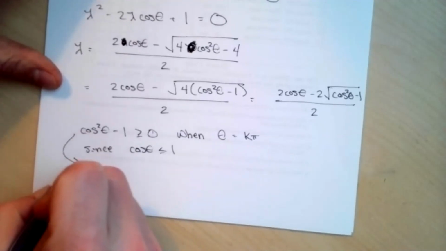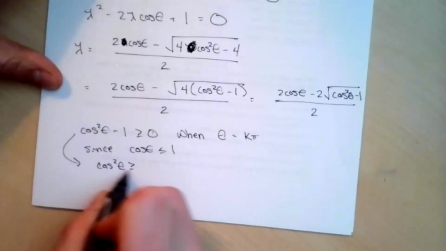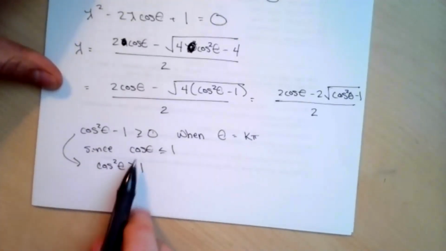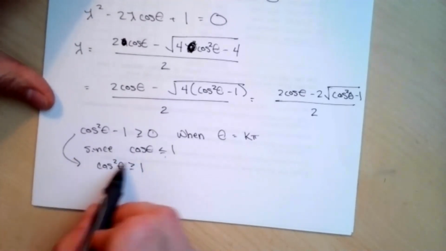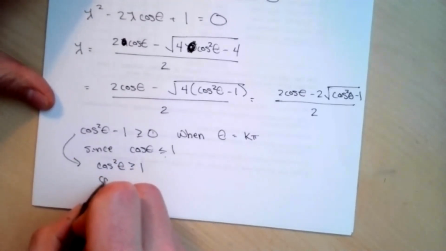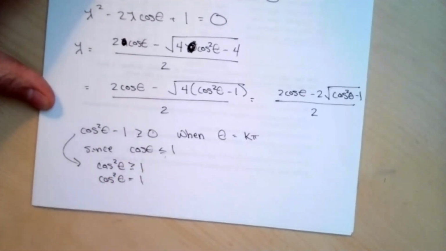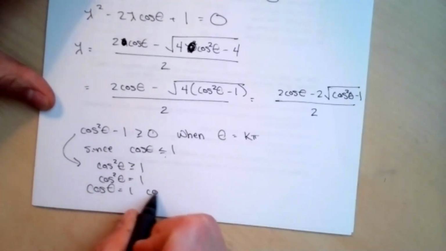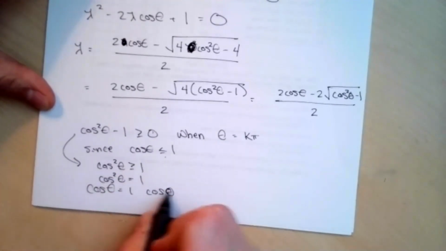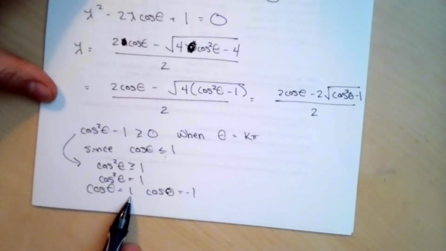If we were to solve it properly here, we've got cosine squared theta is greater than or equal to positive 1, but I know that cosine has to be less than or equal to 1, so it's never going to be greater than 1. The only solutions we're going to have are when cosine squared is equal to 1, which means cosine is equal to 1, or cosine theta is equal to minus 1. So that's going to happen at multiples of 2 pi and odd multiples of pi.